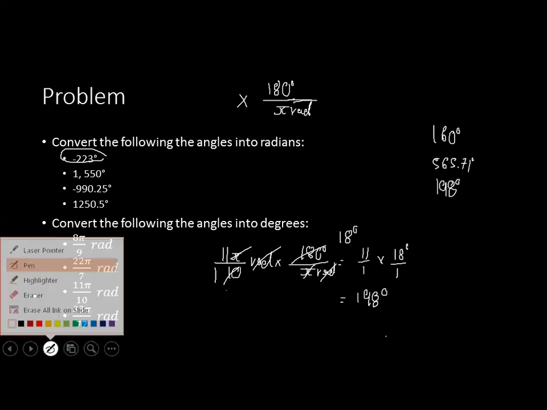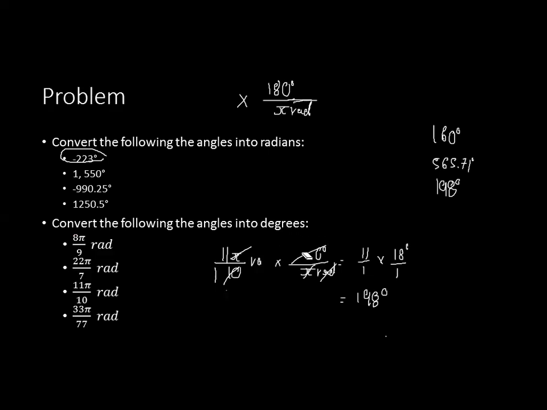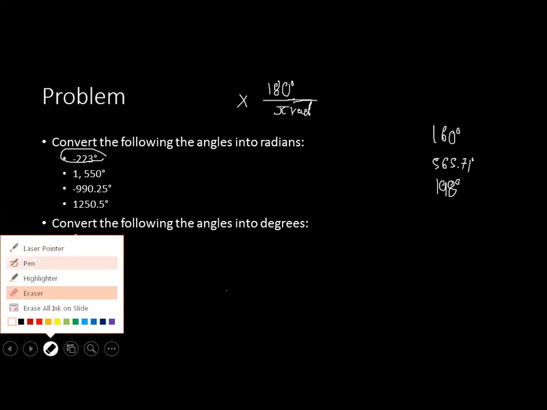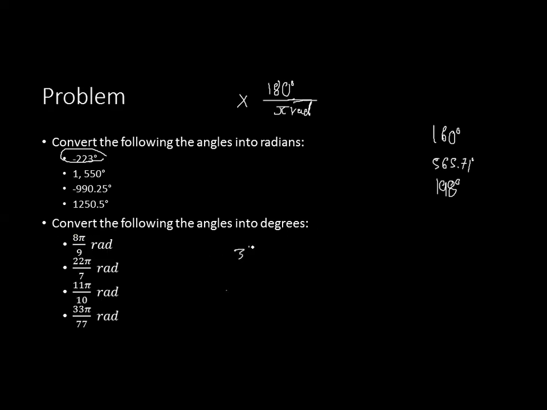And lastly, we have 33 pi all over 77 radians. All right, there we go. So here we will have 33 pi all over 77 radians times 180 degrees all over pi radians.